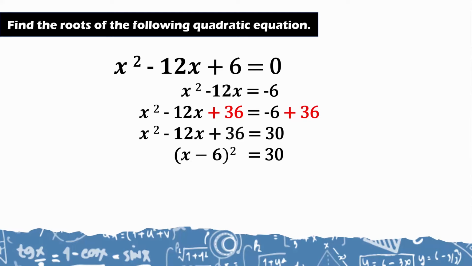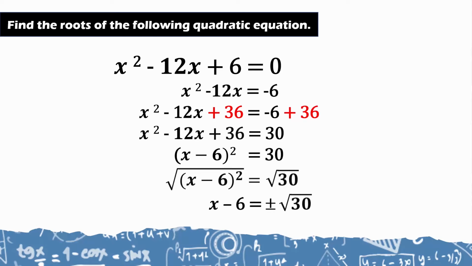So therefore, our quadratic equation will become x squared minus 12x plus 36 equals 30. Factoring the left side of the equation will give us x minus 6 quantity squared equals 30. Extracting the square root of both sides of the equation will give us x minus 6 is equal to positive or negative square root of 30.